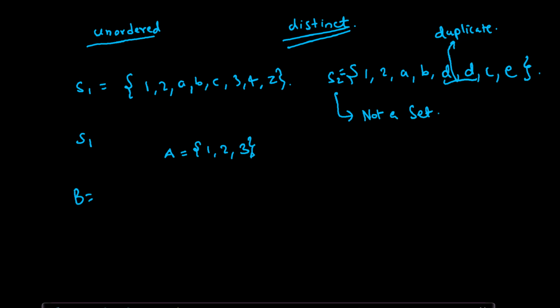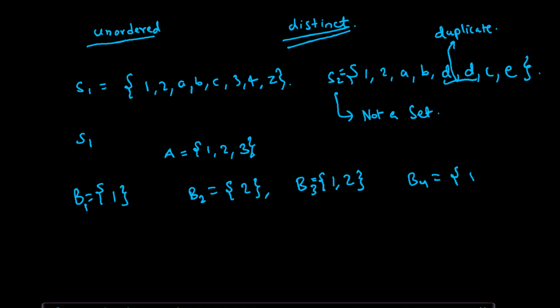Now there is a set B1 which is 1. There is another set B2 which is 2. Another set B3 which is 1 and 2. Another set B4 which is 1, 2 and 3.